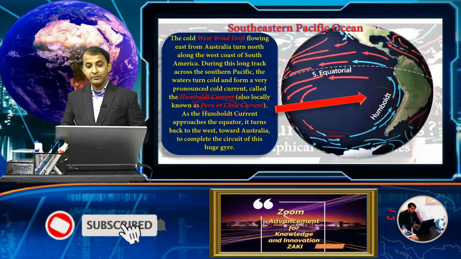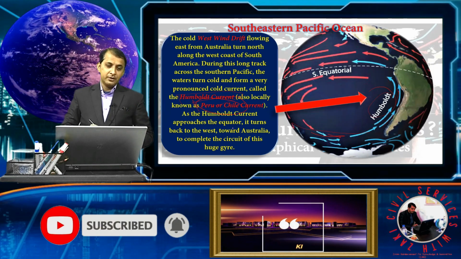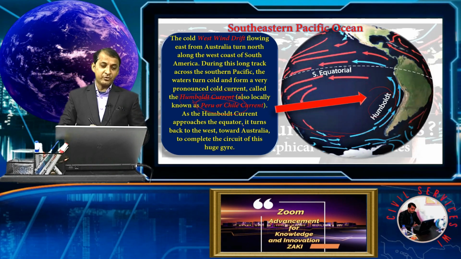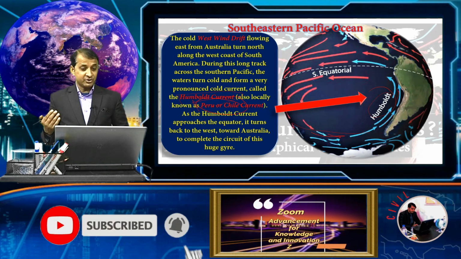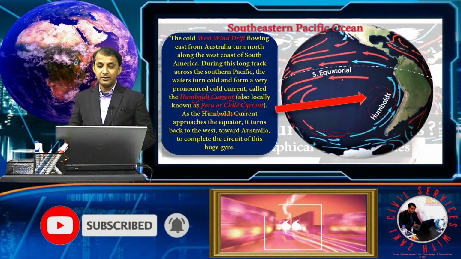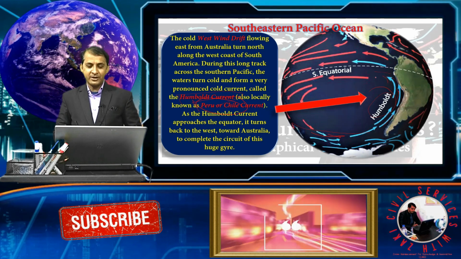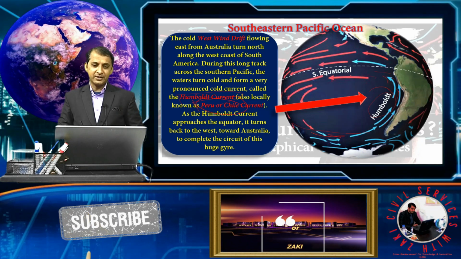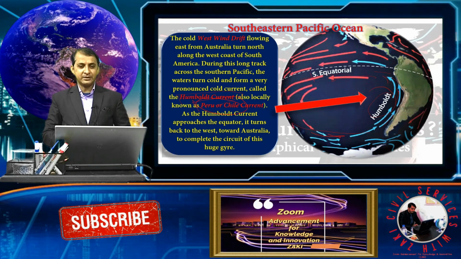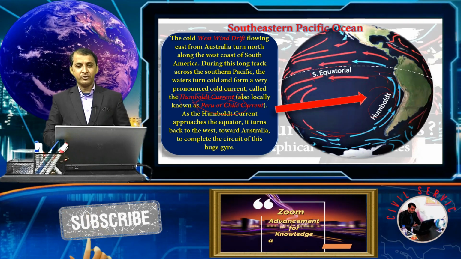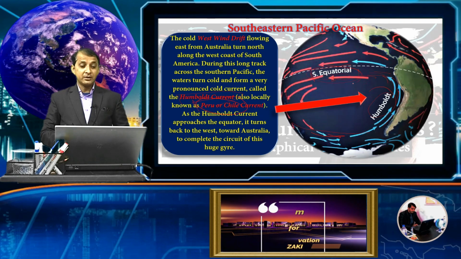As the Humboldt current approaches the equator, it turns back to the west towards Australia and completes the circuit. After turning in this equatorial region, it is called the South Equatorial current.